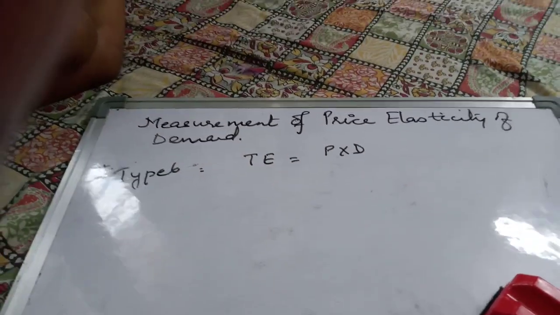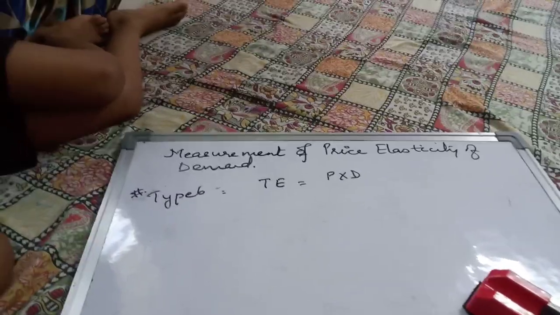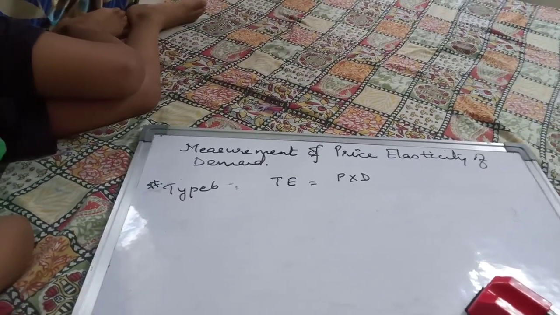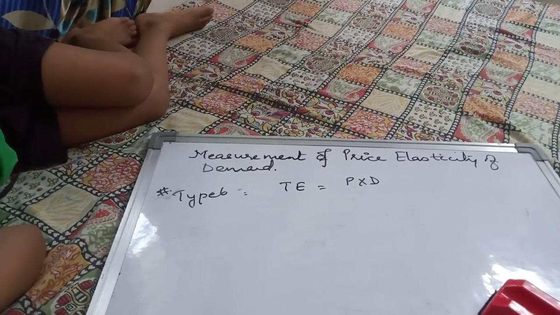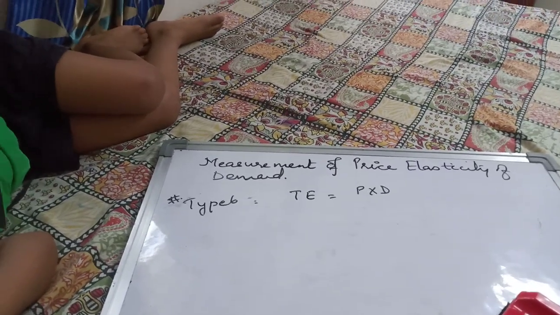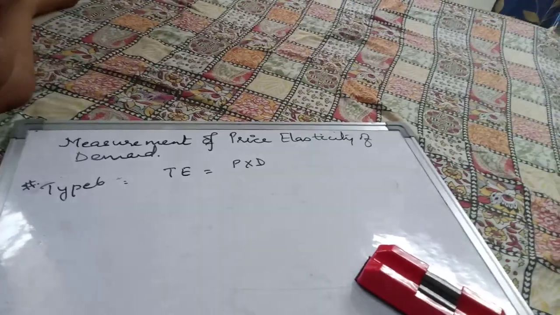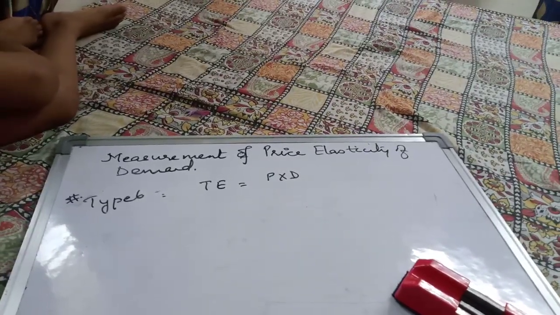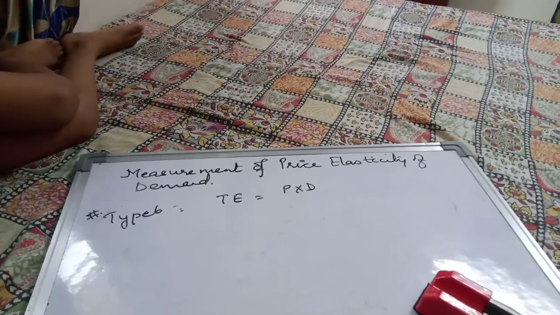Calculate elasticity of demand if a person spends rupees 500 on a commodity when price is rupees 5 and rupees 420 when the price is rupees 6.